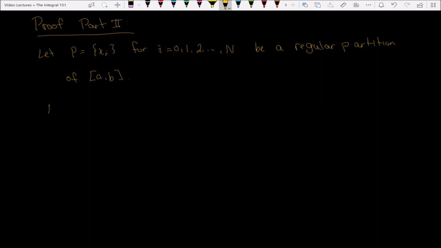Then what we can do is write big F of b minus big F of a as big F of x sub n minus big F of x naught.